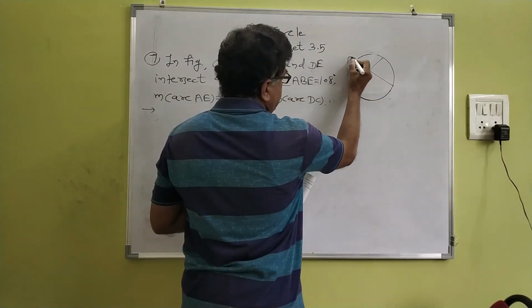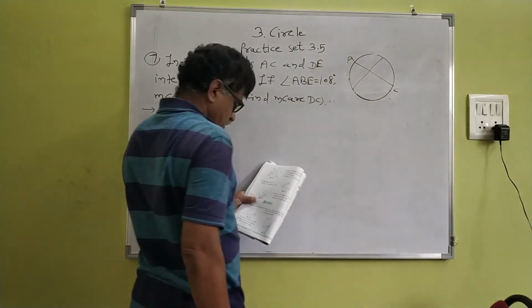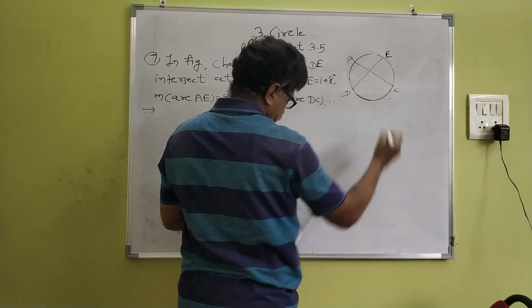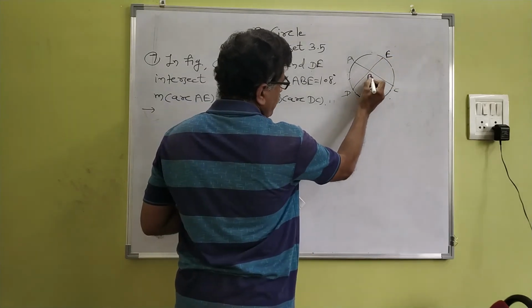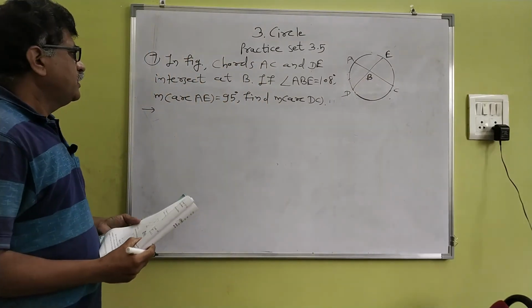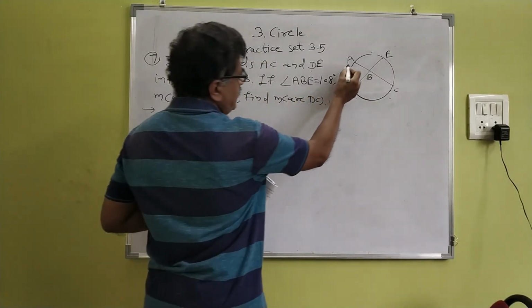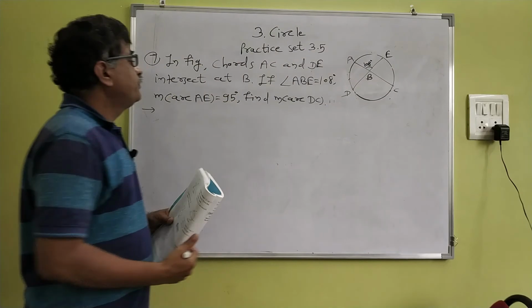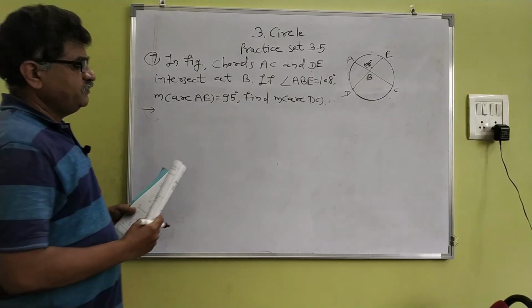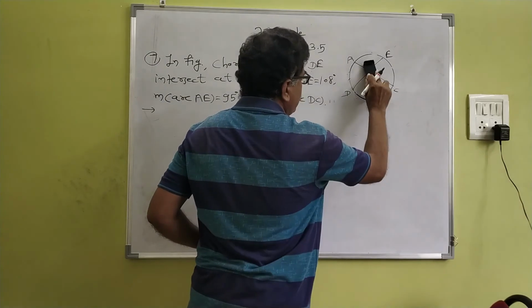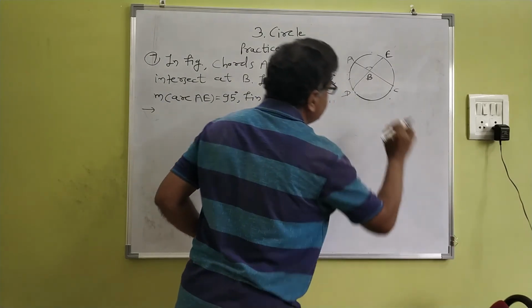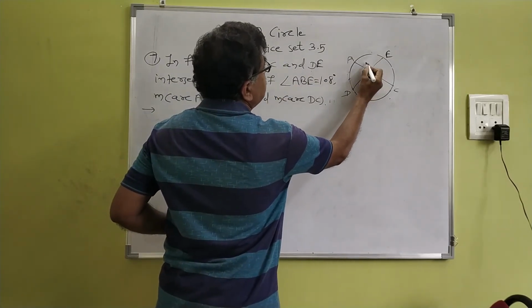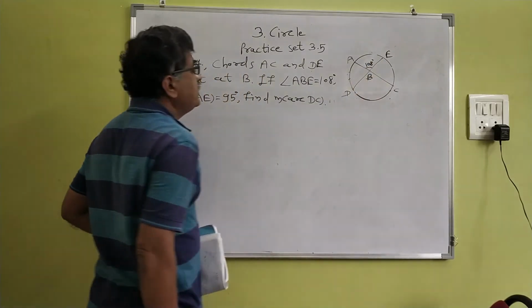This is chord AC, chord DE, intersecting each other at point B. We are given the value of angle ABE. Angle ABE is 108 degrees.